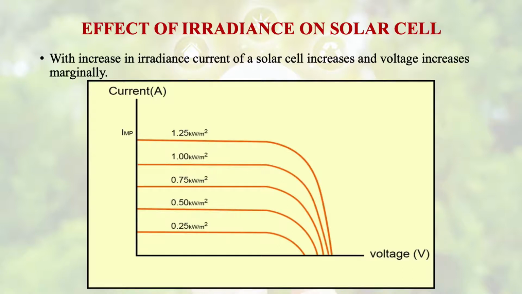This is watt per meter square, which is the unit of the intensity of the radiation. So when the intensity is increasing, the current is also increasing, and a slight decrease in the voltage is observed.